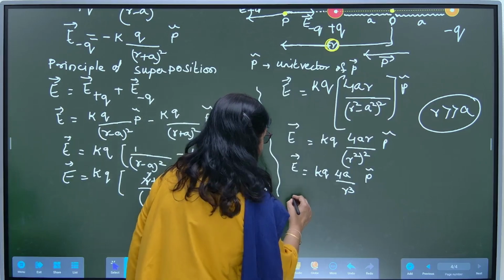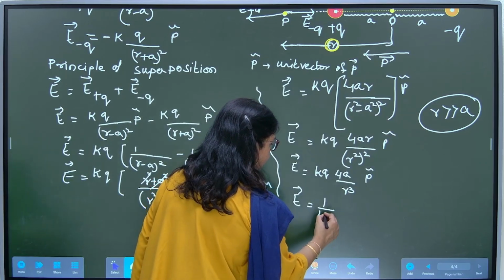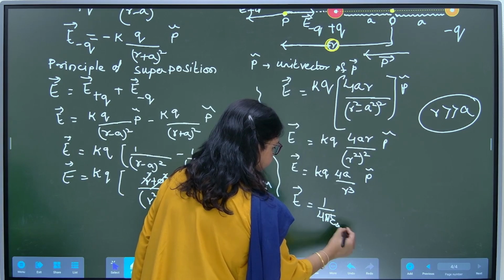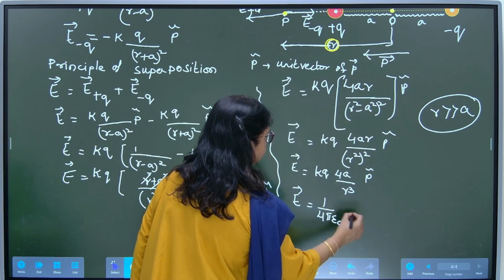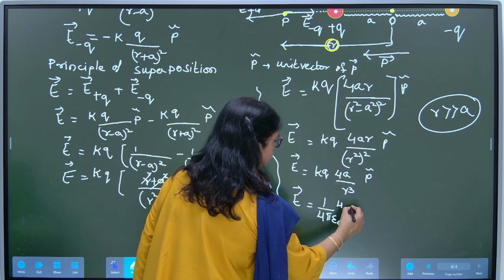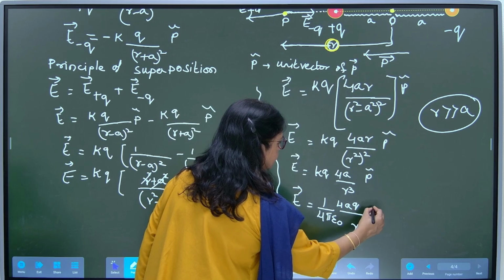So rearranging, we write the electric field is equal to K, also I write it as 1 upon 4 pi epsilon naught, 4A Q upon R cube, P cap.